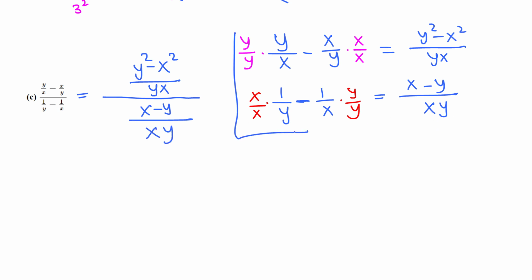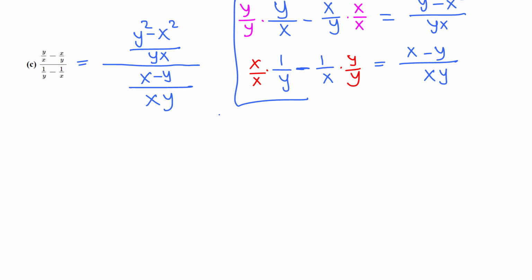Okay, now we got a complex fraction. Do not cancel anything. A fraction divided by another fraction. So what we do, we change this division into multiplication and flip. So this is y square minus x square over yx. Oh, yx is y times x, which is the same as xy.